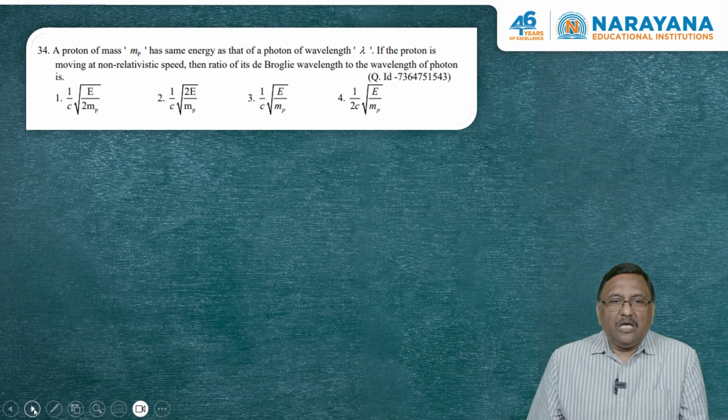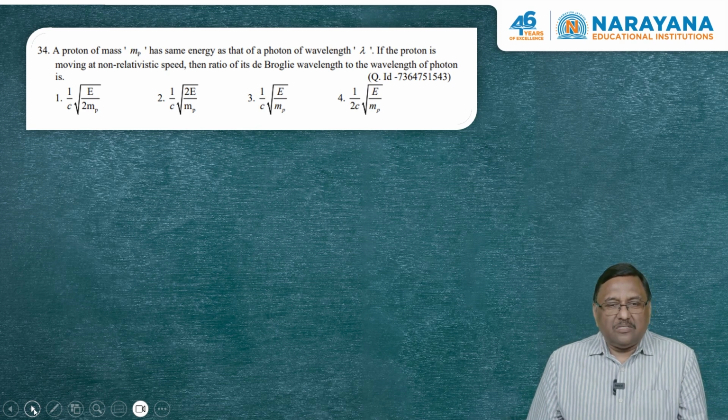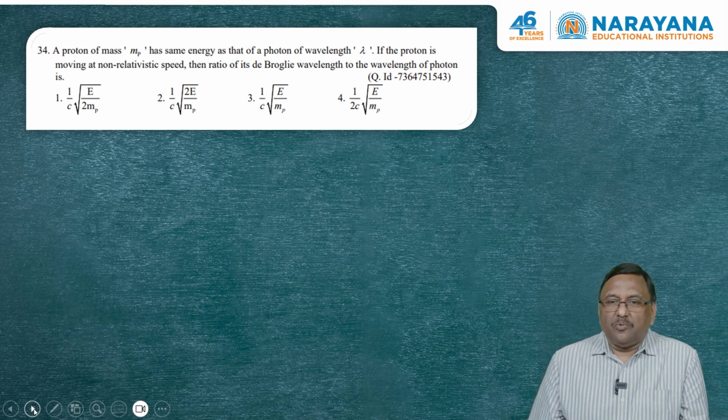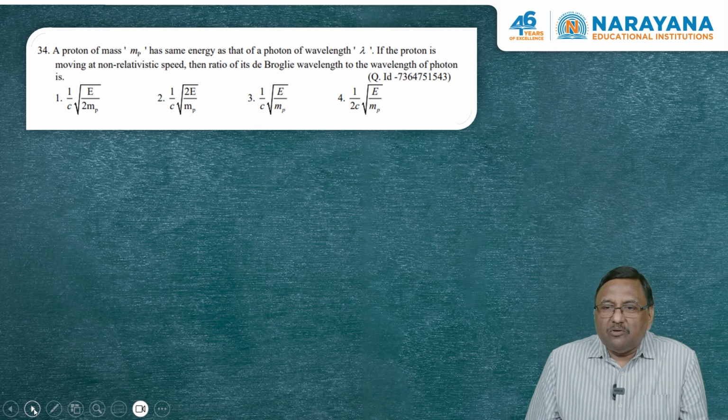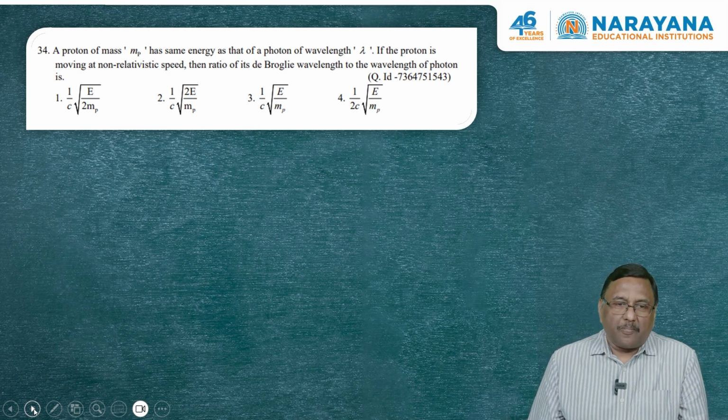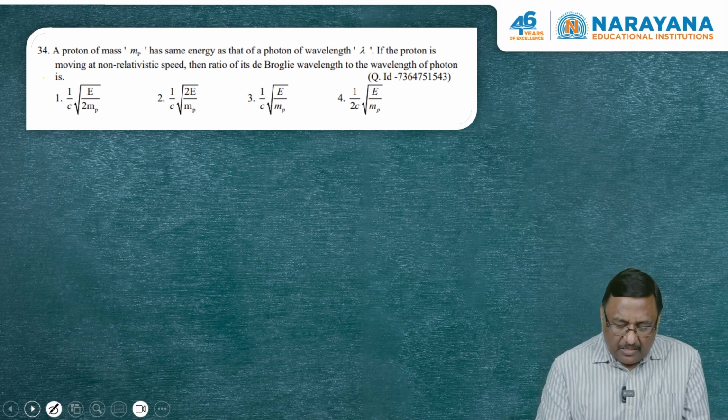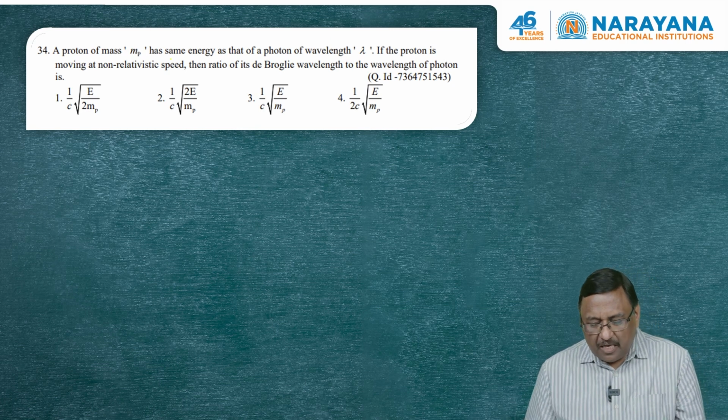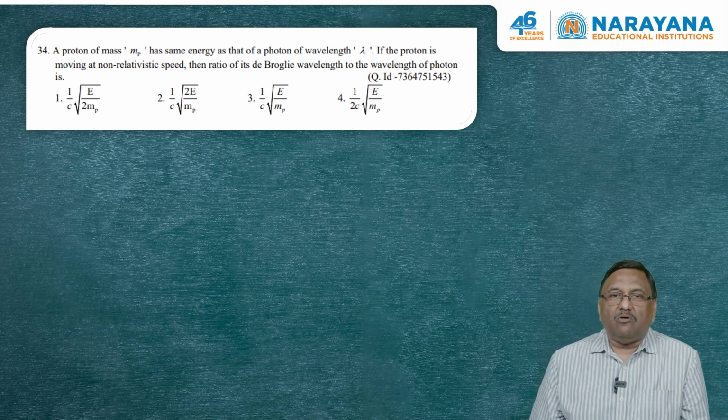If the proton is moving at non-relativistic speed, then he is asking the ratio of its de Broglie wavelength to the wavelength of the photon. But what is given, he is saying a proton of mass mp has the same energy as that of the photon of wavelength lambda.